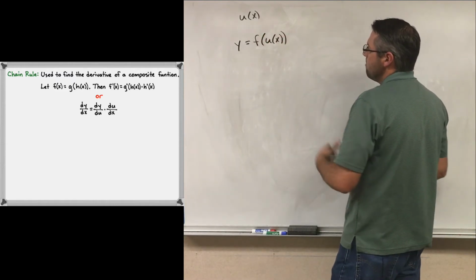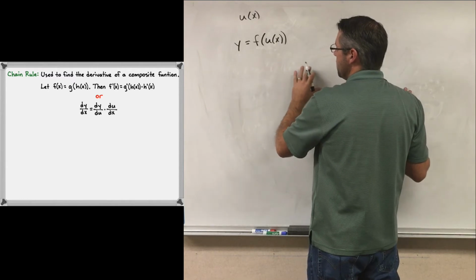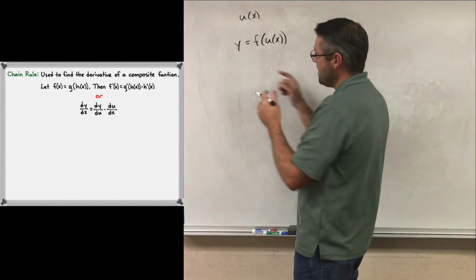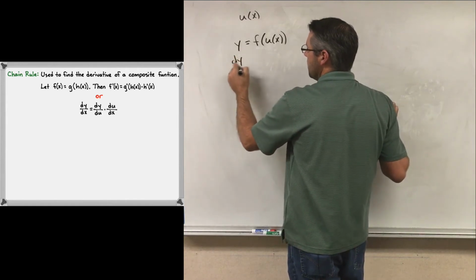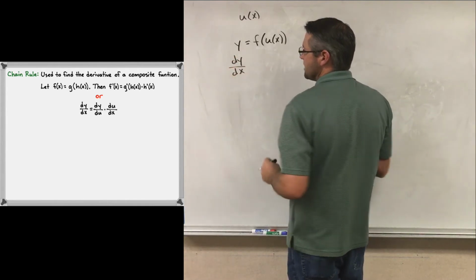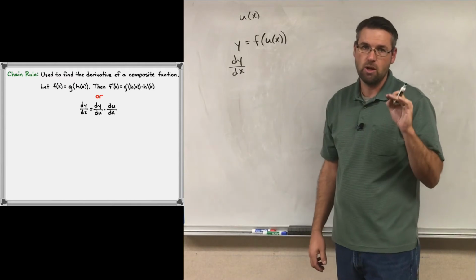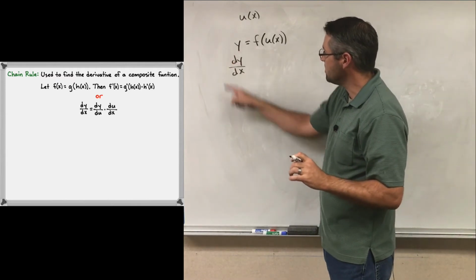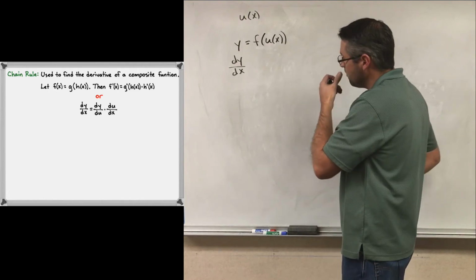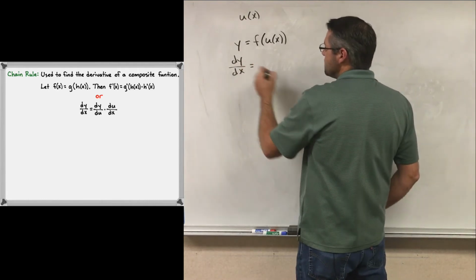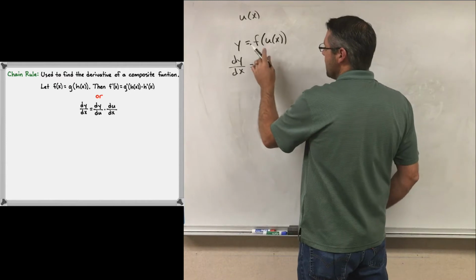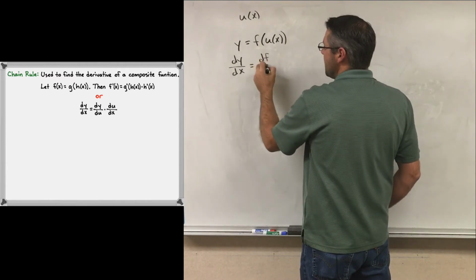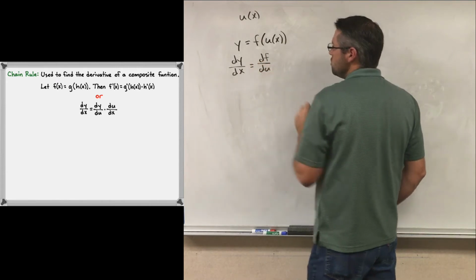Okay? What we want to do is write this in Leibniz form. We want the derivative of y in respect to x. And this is why Leibniz form is so nice to understand why these things work. This is our goal, dy dx. Well, what it's saying to do is to take the derivative of f in respect to u.